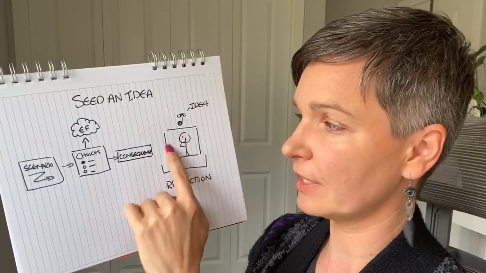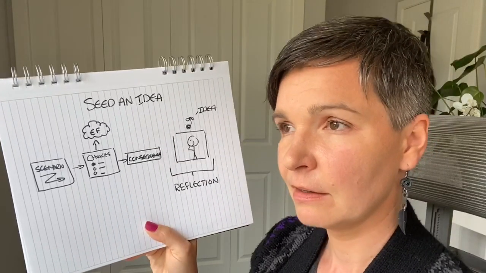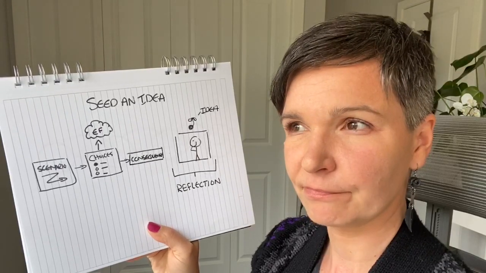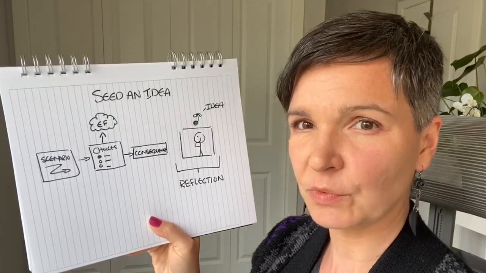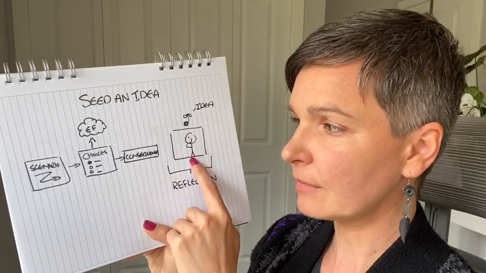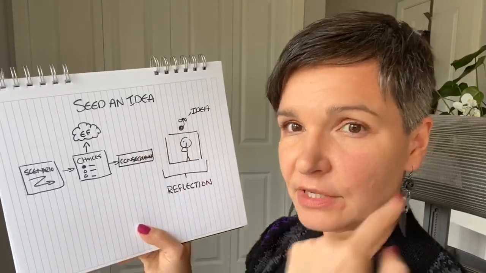So this character is now reflecting on what happened, saying, I wonder if I could have handled that better. I wonder if my reaction was the right one. What you're doing here is starting to infiltrate the narrative.